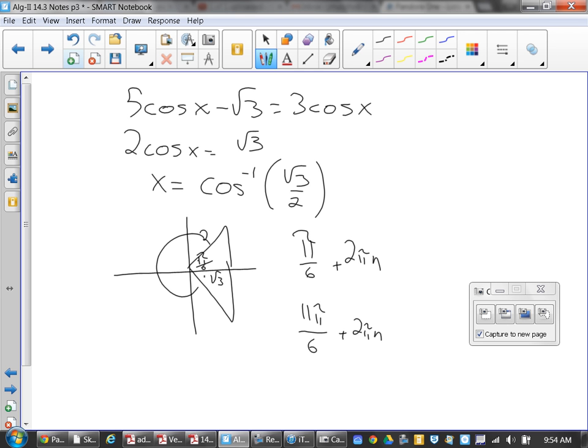The only time you use pi over 2 n is when it's the 45s, when it's pi over 4 plus or minus. Remember, that is the only one that you use pi over 2 n, when you have pi over 4 as a reference angle in all four quadrants.